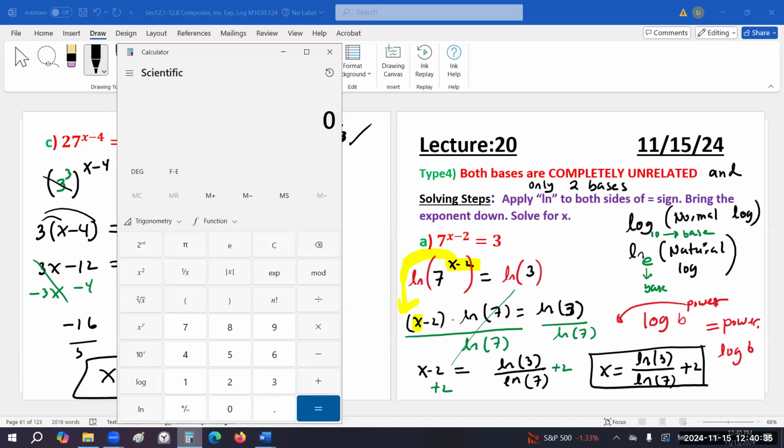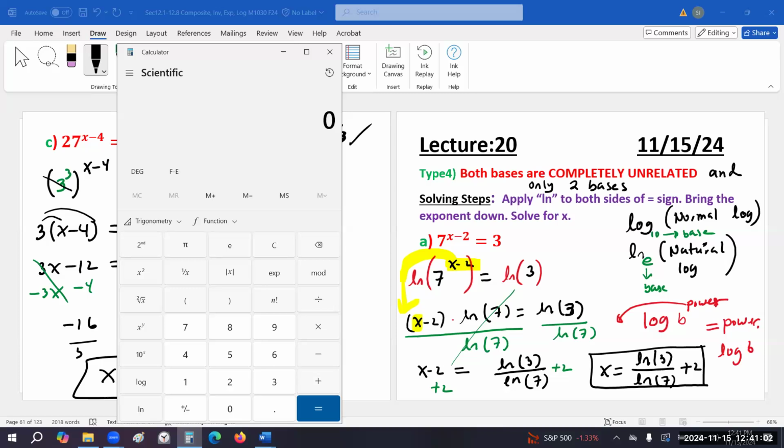For my case, this calculator requires us to write the number first and then ln. You see ln here. It looks like "in", but actually it's not "in", it's ln with a small l. It's natural log.